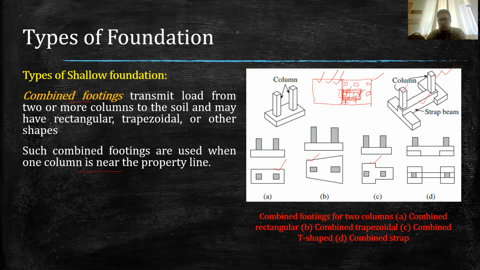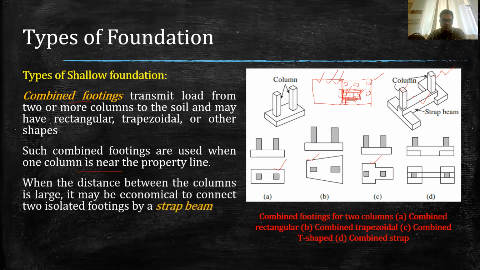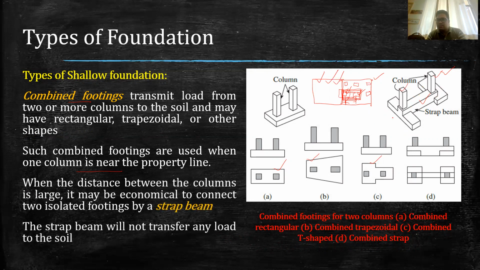So in that case, the foundation is called strap foundation. And this strap beam is used only to connect these two columns. It will not transfer load to the soil directly. It will connect these two columns and ultimately transfer the load with the help of these foundations.